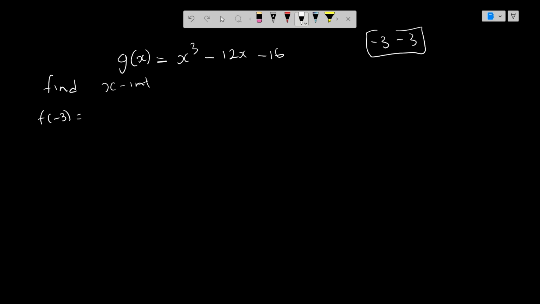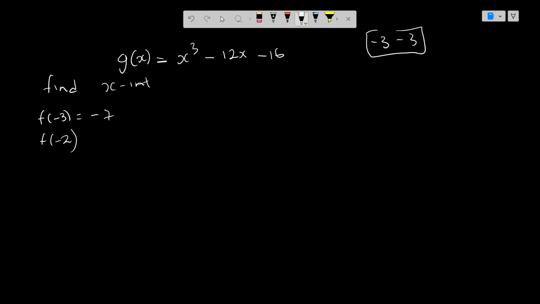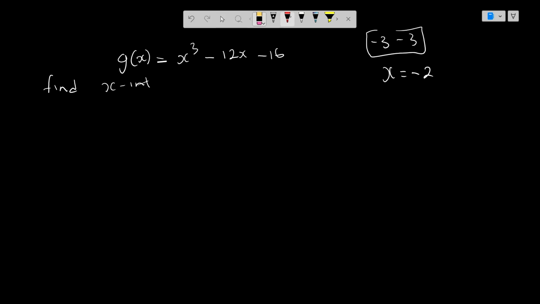So negative 3 raised to the power 3 minus 12 times negative 3, and then minus 16, well, that gives us negative 7, so that ain't the one. So you check negative 2, let's click in negative 2 and see whether it will give us that 0. Yep, negative 2 does give us the 0, so that means that we will be using x is equal to negative 2.